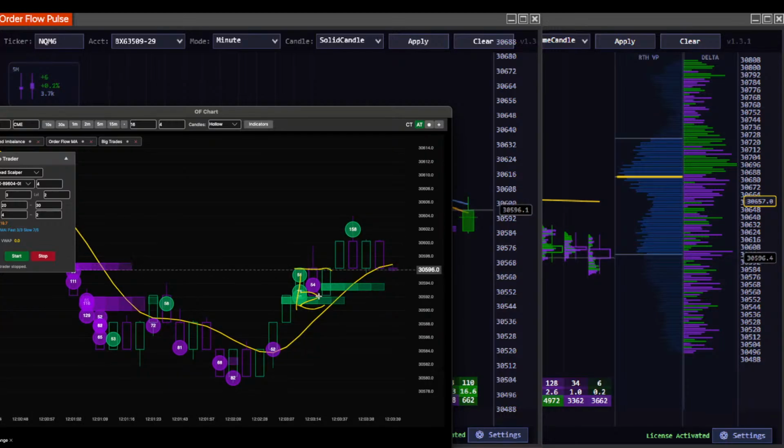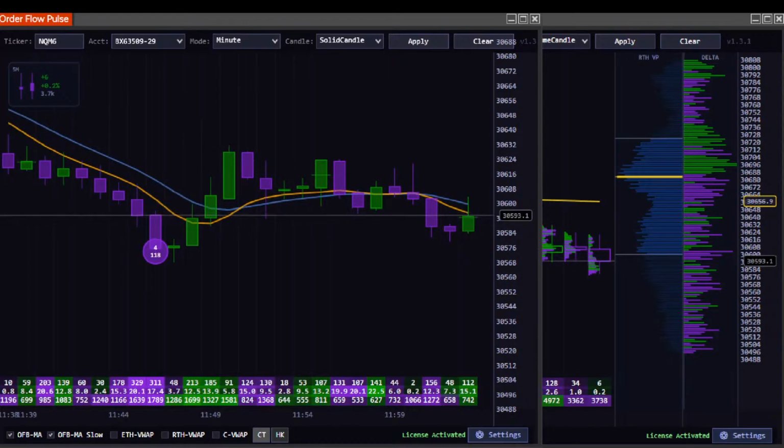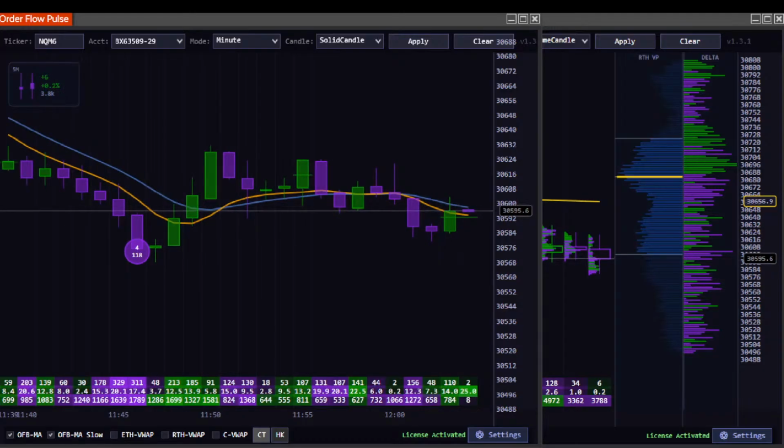It would have gotten in here, taken a little bit of heat, but it wouldn't have gotten stopped out. It would have gotten my 4 points, then sold half, moved to break even, and then gotten out. But when you're doing 50 to 100 trades like that a day, who cares about some?